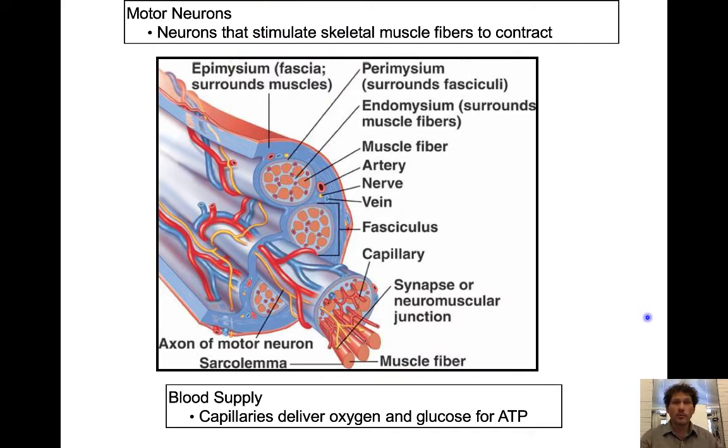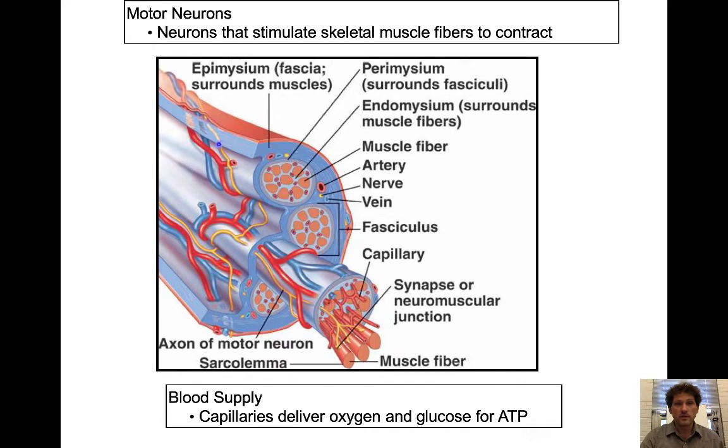Now, what I wanted to point out with this slide is that our neurons are stimulating our skeletal muscle fibers to contract, but also notice all of these blood vessels in here. We have to have a lot of oxygen and glucose delivered to these individual muscle fibers.